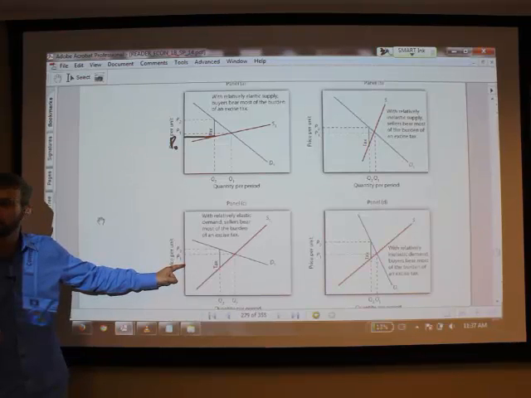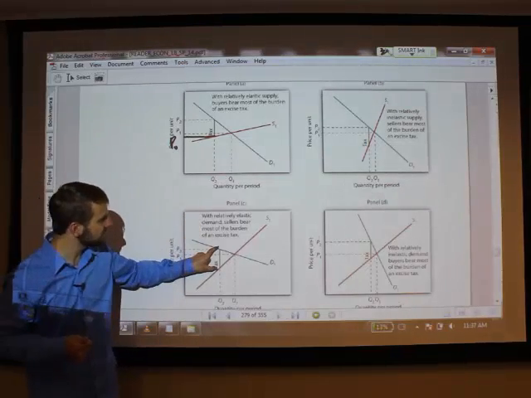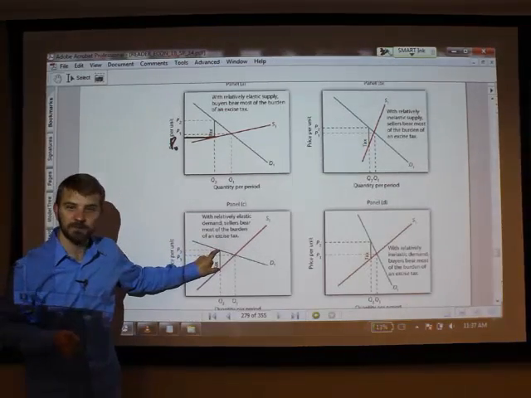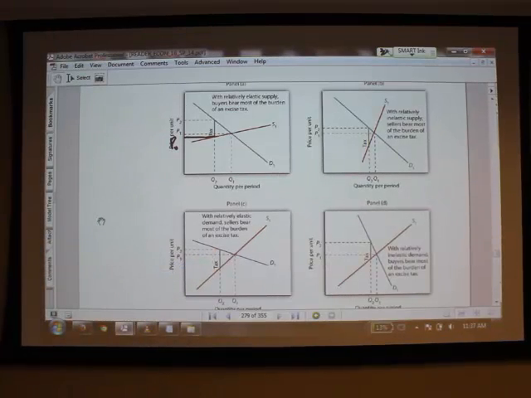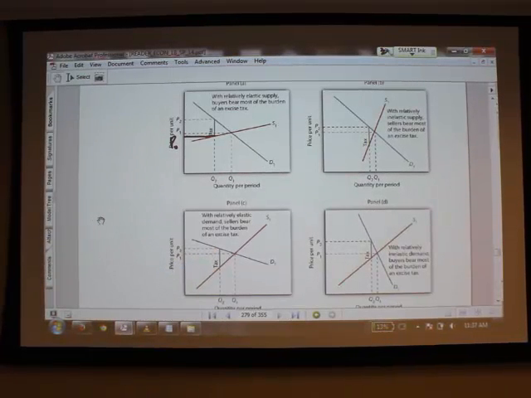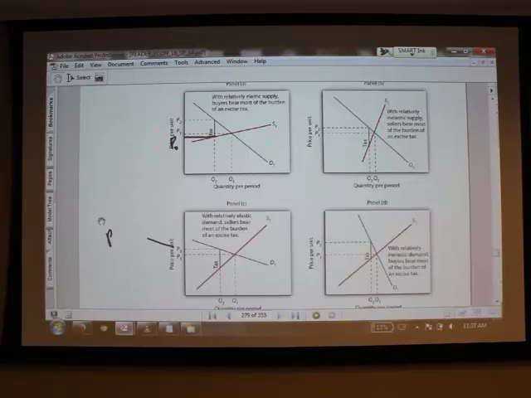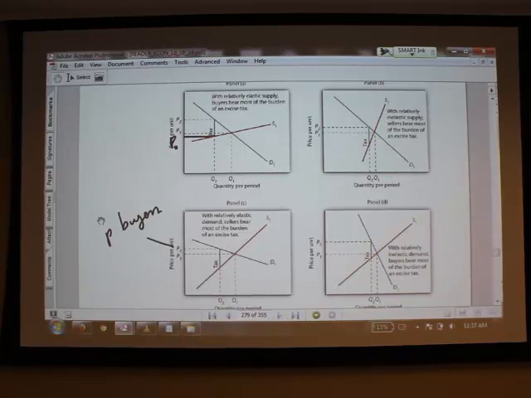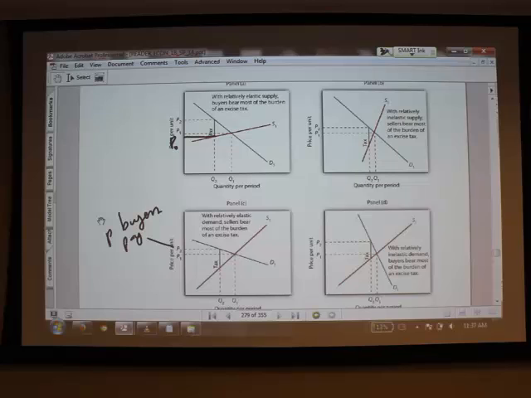And who's going to bear the burden of the tax in this situation? Well, take our tax, insert it in, and we figure out that P2 is the price buyers pay, and P0 is the price sellers receive.